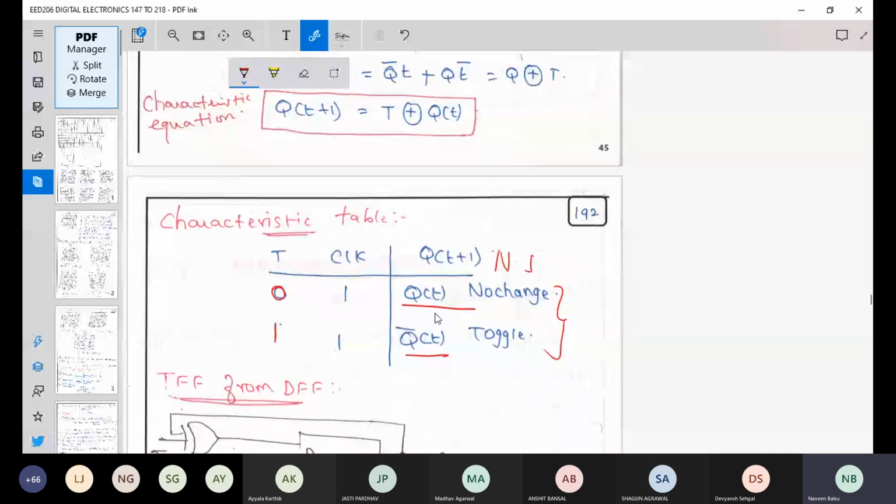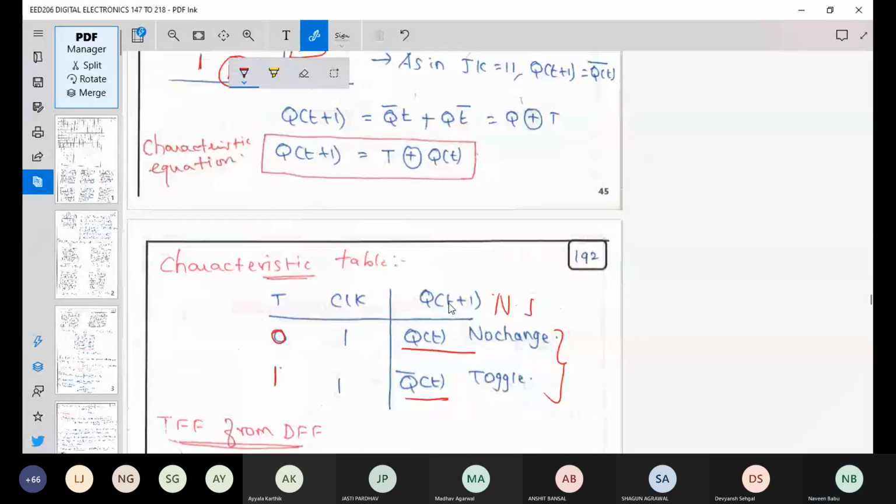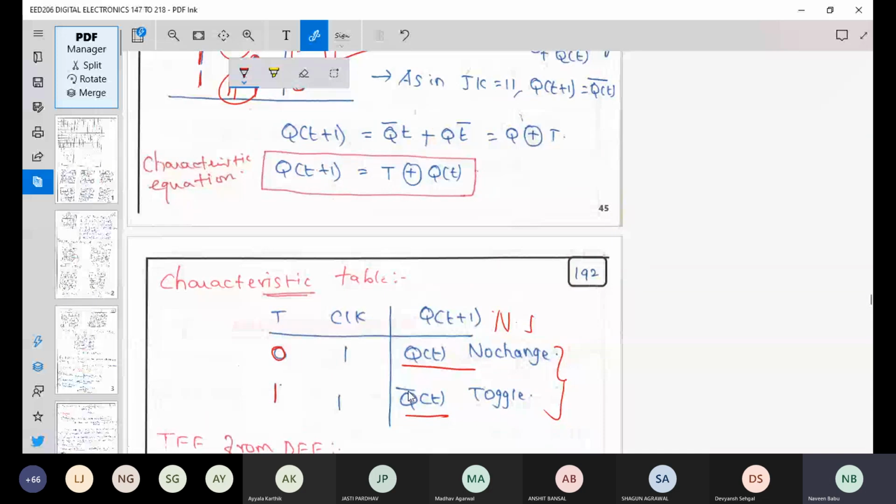It is not a topic, just to make you think. How do you create a T flip-flop from a D flip-flop? This is a logical question, but there is a methodology to do it also. So how do you do that?